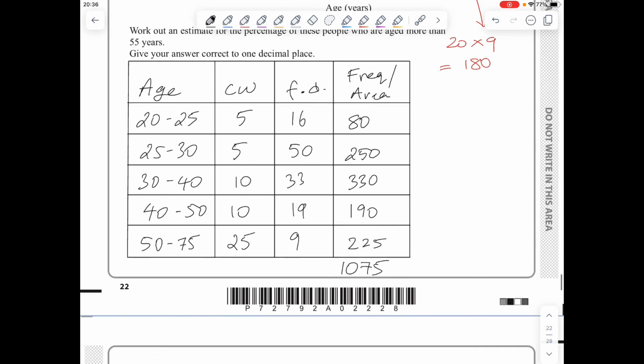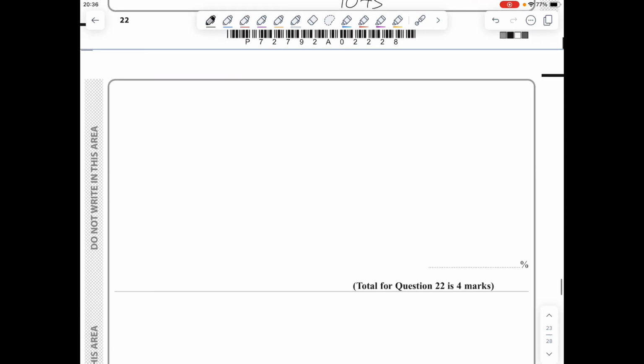So now I can work out the percentage, which is equal to the fraction I have, 180 over 1075 times 100, and this gives me 16.7%.